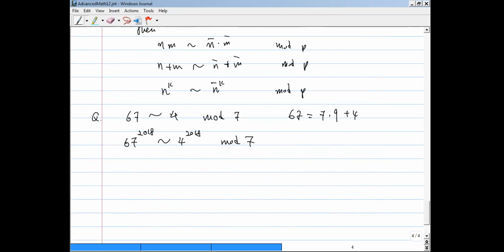Now let's look at the following problem. What is the remainder when 5 to the 24 is divided by 7?